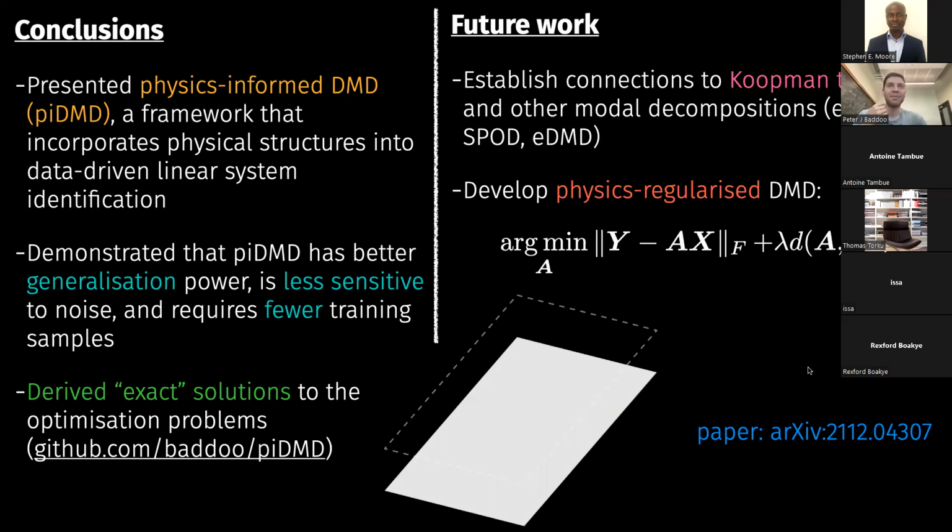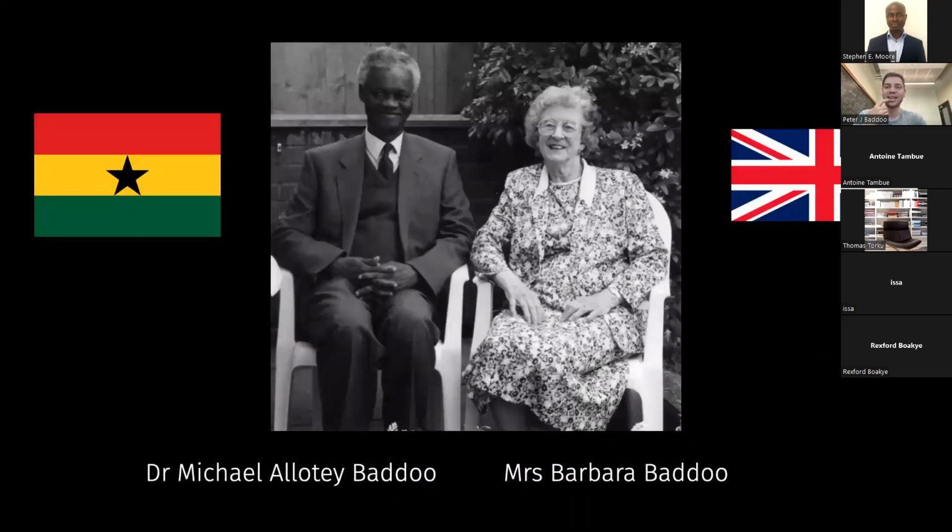So as I wrap up, I'll just comment on how I'm connected to Ghana and Ghana numerical analysis. My heritage is that I'm one quarter Ghanaian, and these are my grandparents, Dr. Michael Alase Baddoo, who is Ghanaian, and Mrs. Barbara Baddoo, who was British. They have a very interesting story. It's actually in a book by my grandmother called To Ghana with Love.